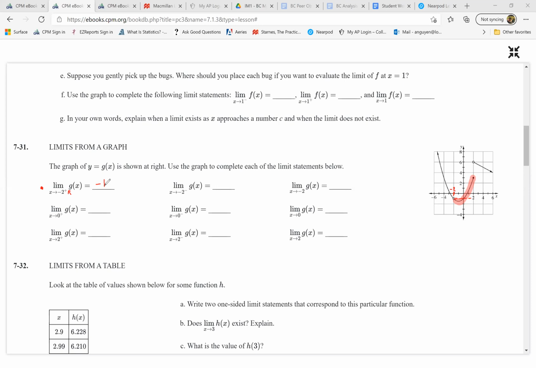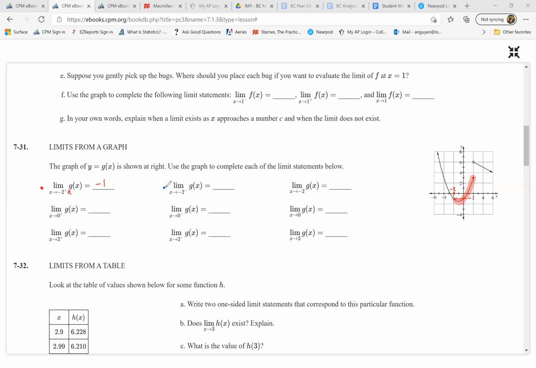So we're working on the second part right here, the limit as x approaches -2, and this time we have the minus sign in the exponent position. That means we will look at the x value at -2, but from the left side of the function.